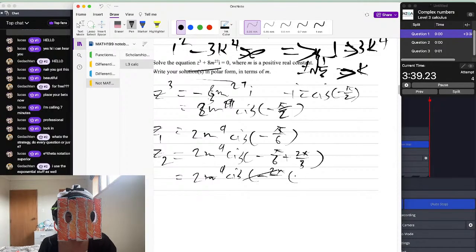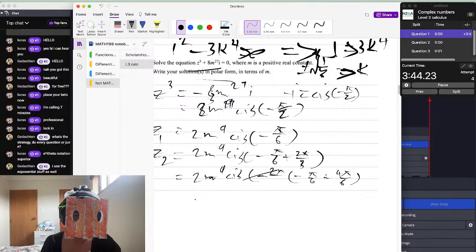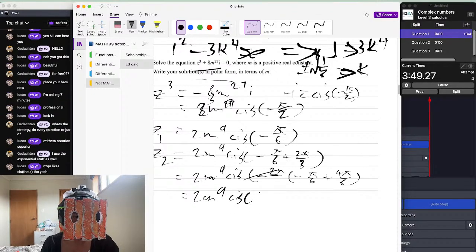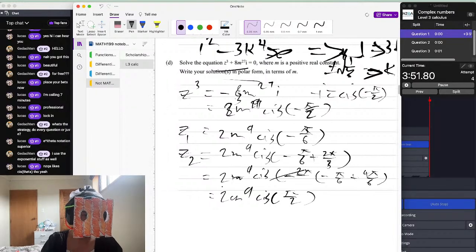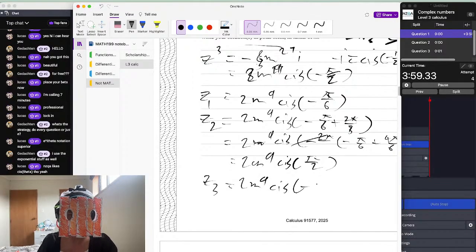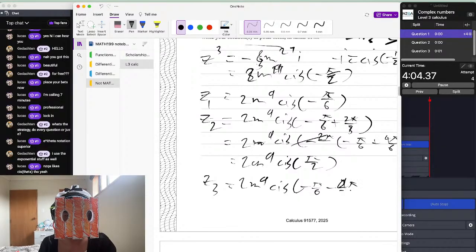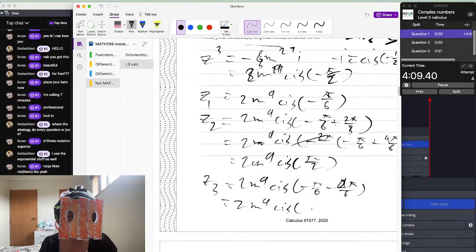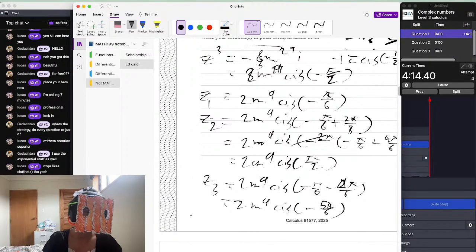Oh. That's got to be pi over 2. Okay, then the last one. And I'm pretty sure that's all 3 roots.